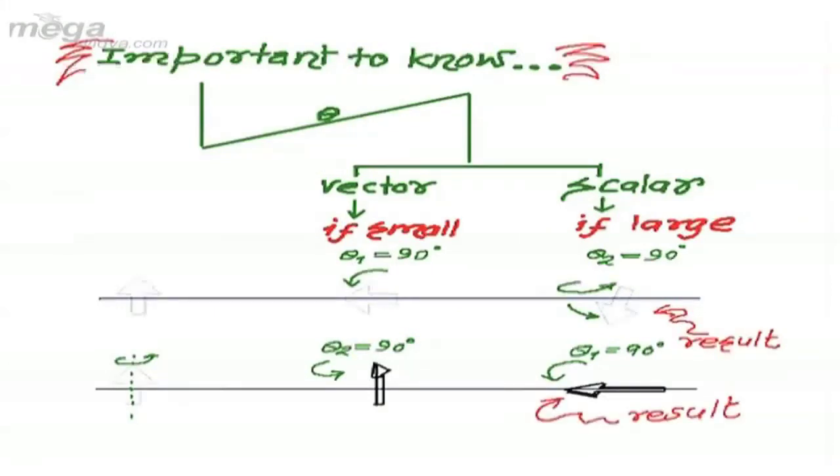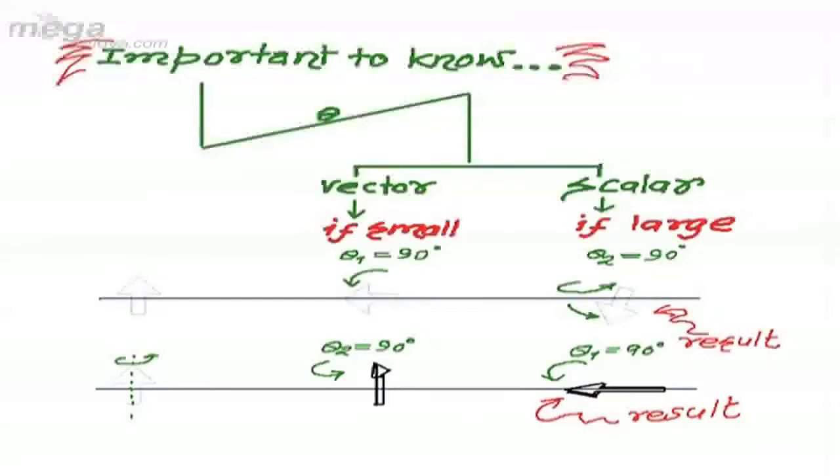The orientation of this arrow now becomes parallel to the line which is passing here, while in the previous case the orientation of the result is perpendicular to the whiteboard, towards me.